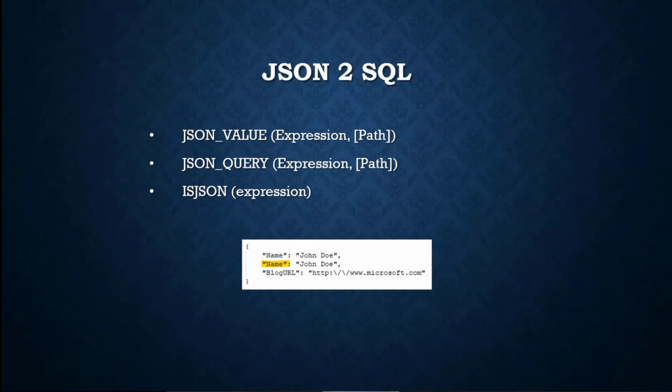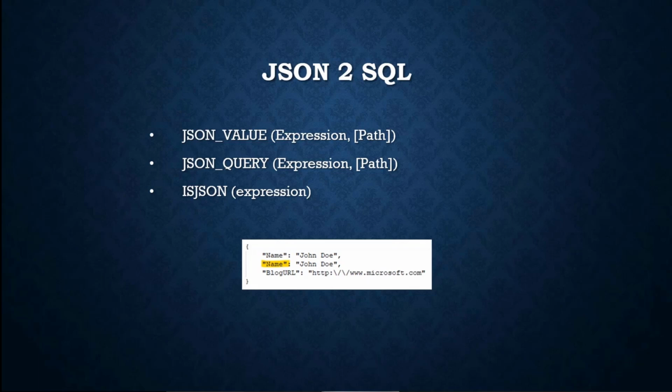Other objects are ignored. For other objects, you have JSON_QUERY, and it is used to extract a JSON fragment or to get a complex value type, for example, array or object. So if you try to extract, for example, a normal string with JSON_QUERY, you will get null value.